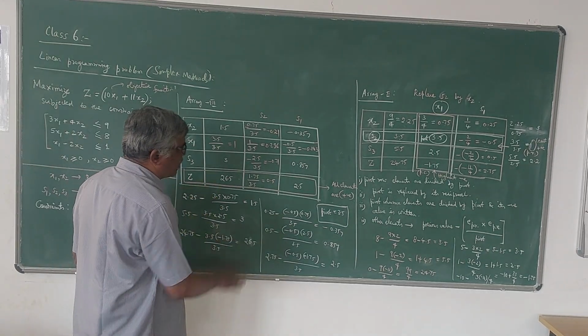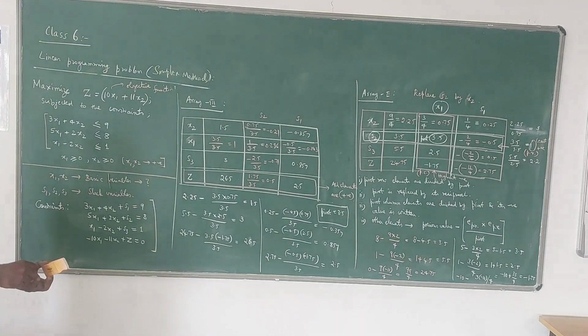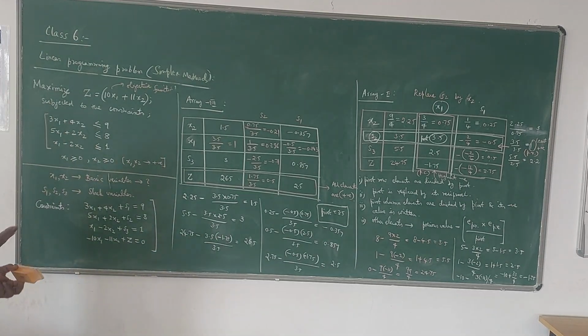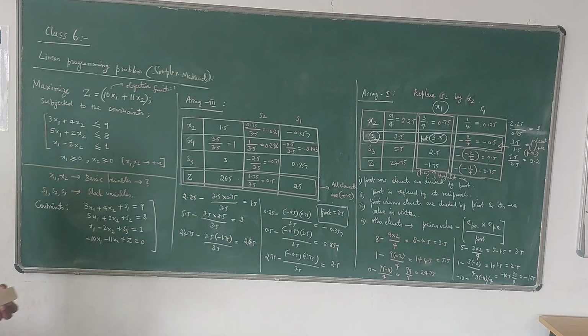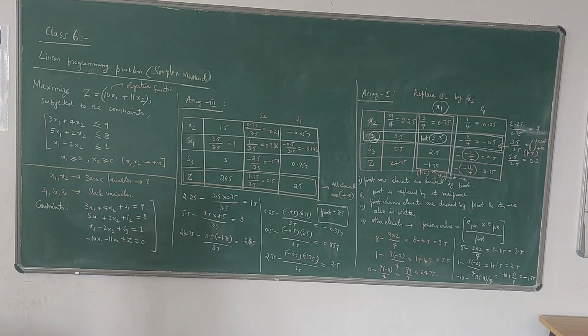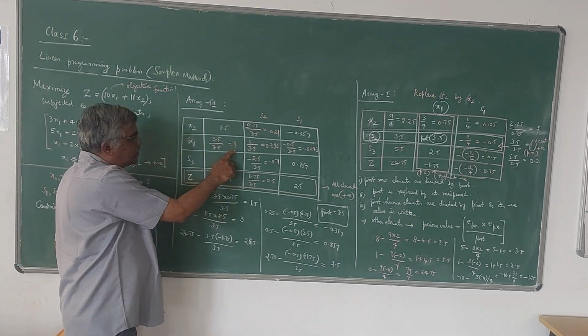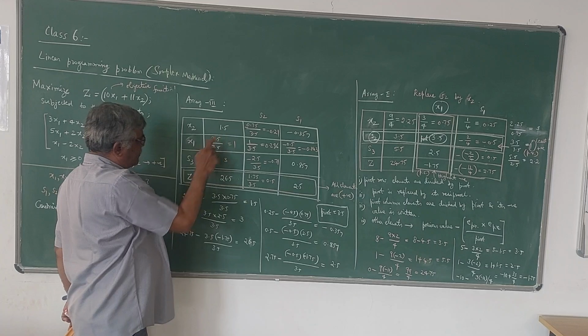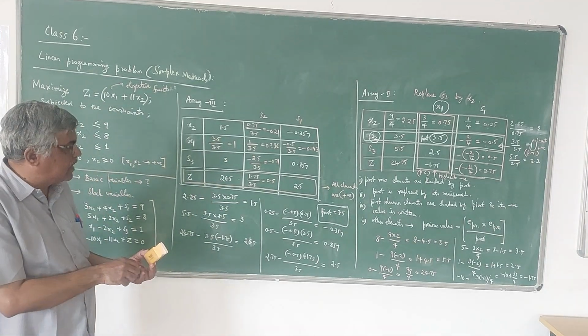Once you stop here, what are the values of x1, x2 and z? You can read them from this table. Here you can see x1 is this value, x2 is 1.5, z is 26.5. So that is the final answer.